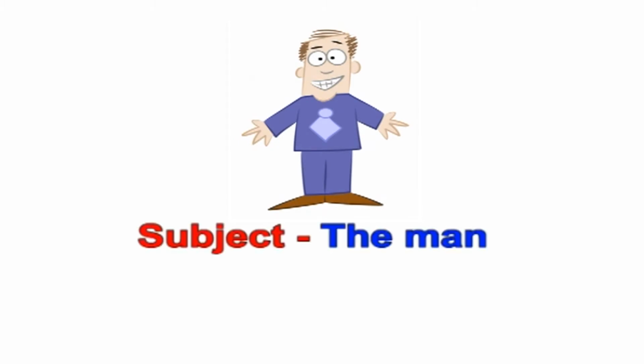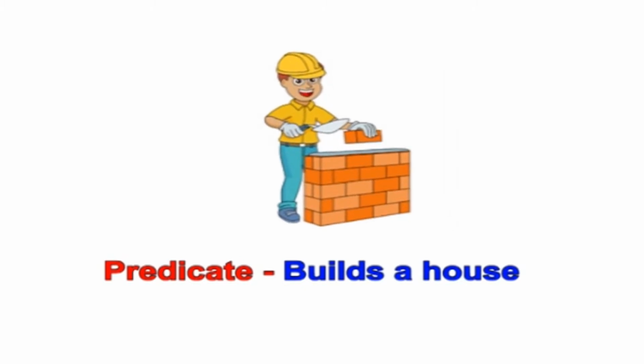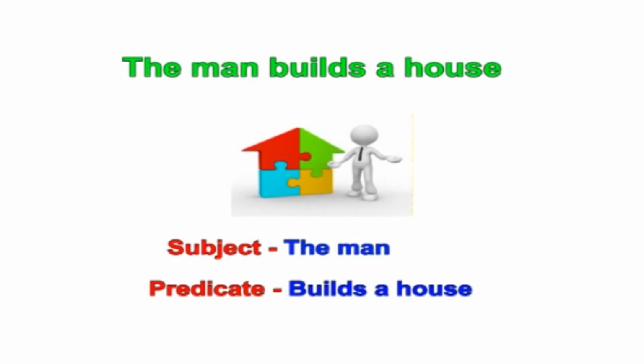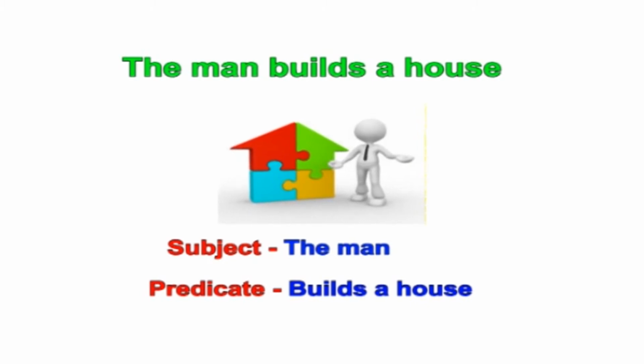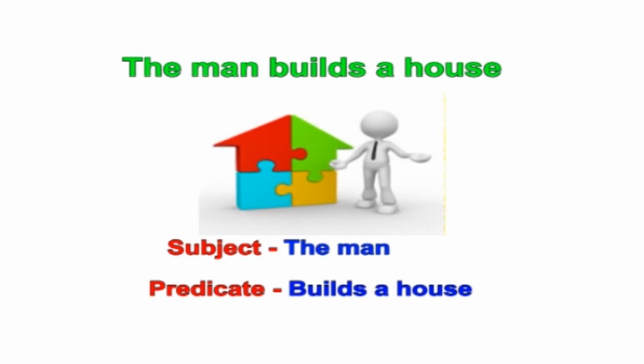Take the subject, the man, and the predicate, builds a house. Combine the two to form a sentence. The sentence obtained is, the man builds a house. The subject and predicate make up the two basic structural parts of any complete sentence.